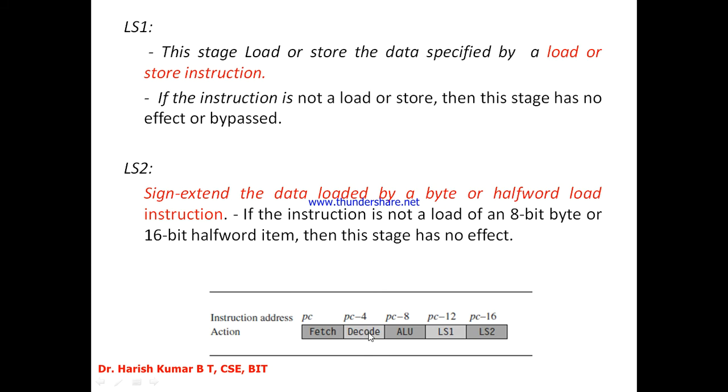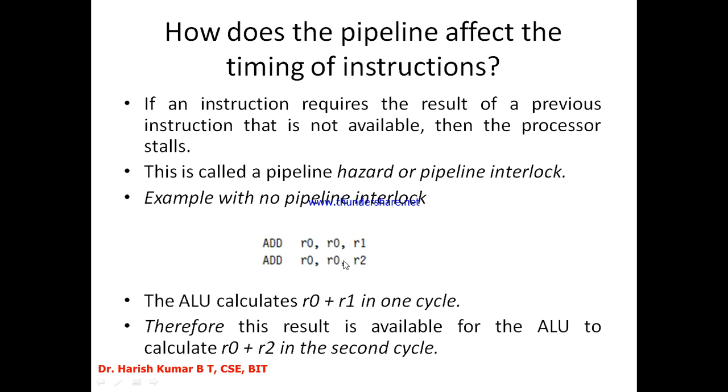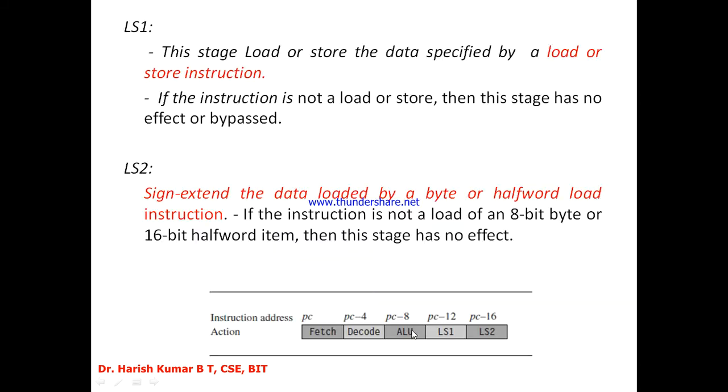What is decode? Identifying the opcode of the instruction and reading the source operands also. One of the operands for the second instruction is R0, and this is available only after the first finishes its execution. The moment it finishes, the result is immediately fed back to the decode stage and it can be read there, and the second addition can happen right away.